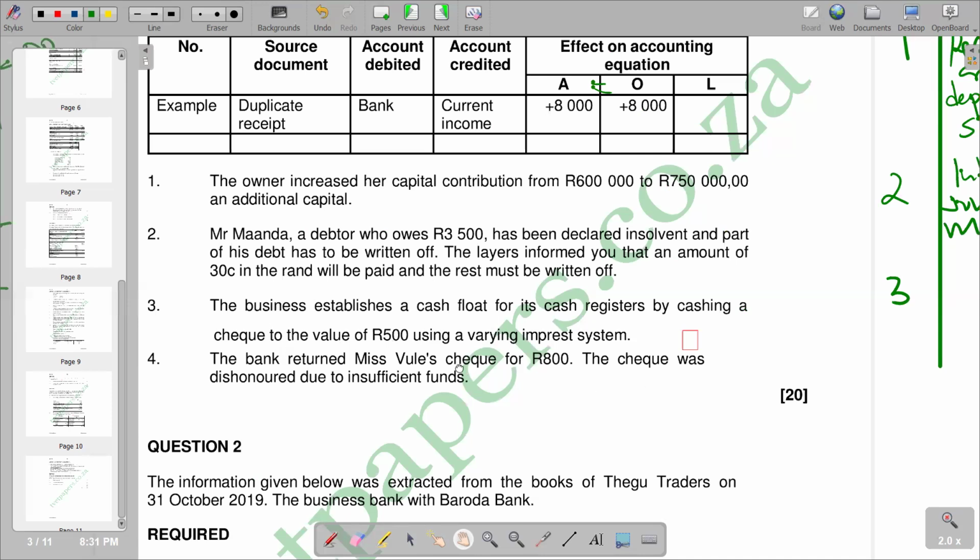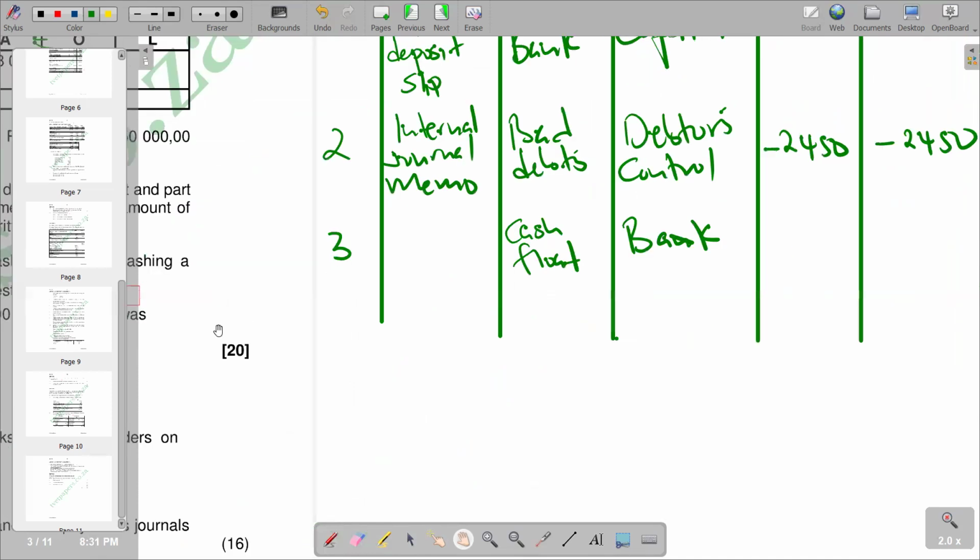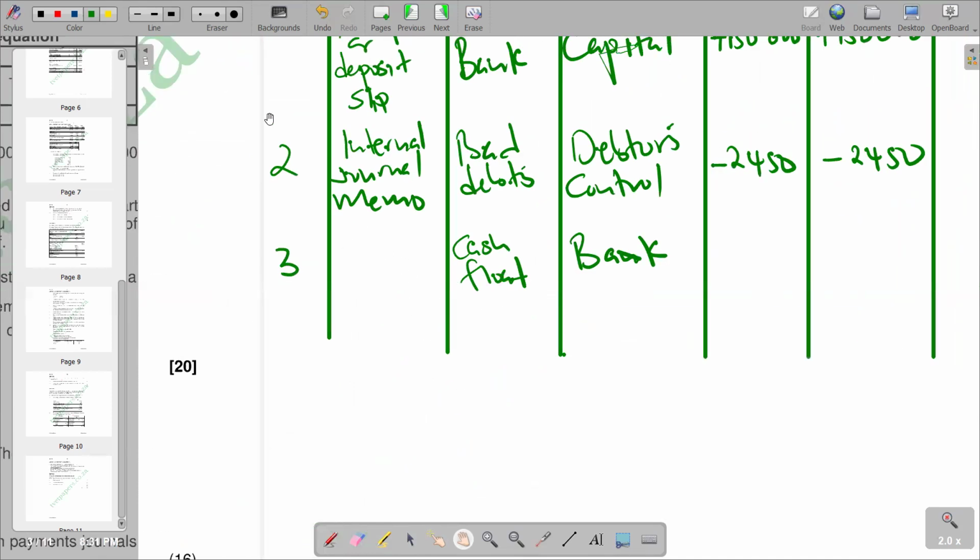So we go there and include our check counterfoil. The check counterfoil is going to be our source document, whereby we are debiting cash float and crediting bank. By debiting cash float, remember cash float is an asset. So by debiting an asset, it's going to be a plus.